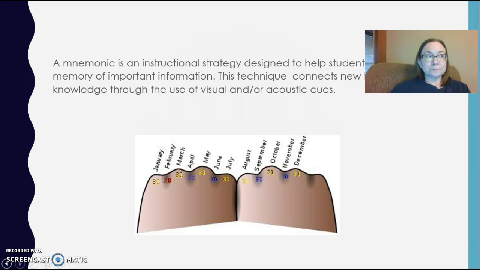I did not know until I was Googling that this was a mnemonic. And this is exactly something that I still use today, even at my ripe age of 38. If I don't know how many days are in a month, I'll whip my knuckles up and start counting, and it hasn't failed me yet.